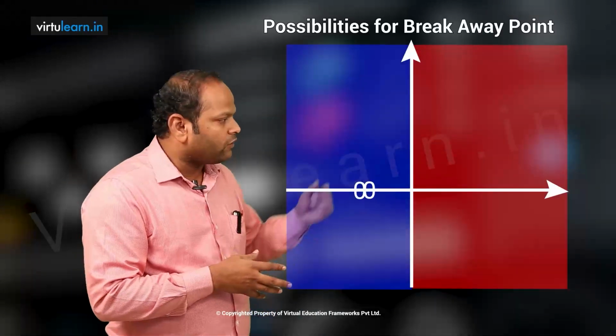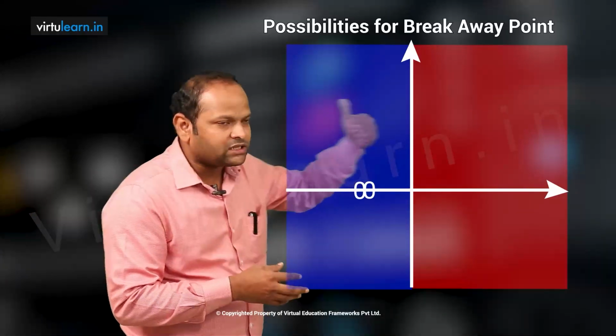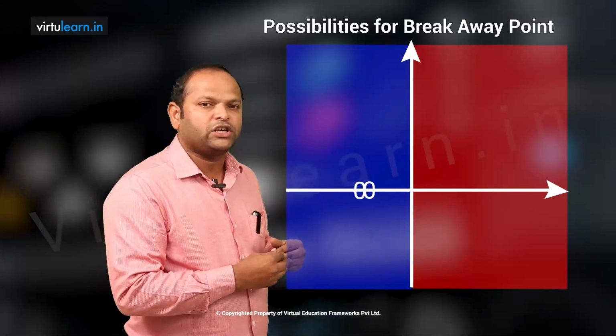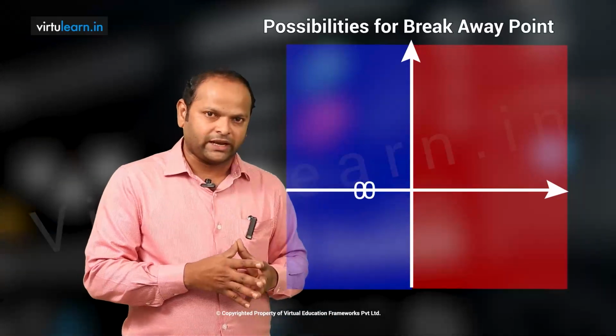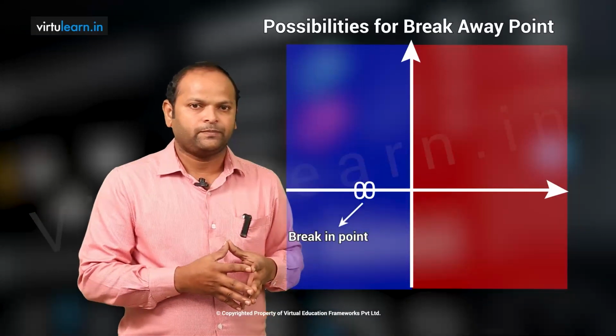Similarly, if you have two zeros at one point, like a double zero, and on either side of the double zero you don't have any root locus area, then that point itself is a break-in point.